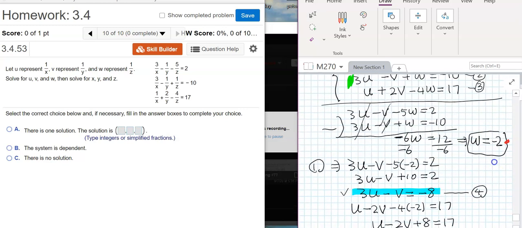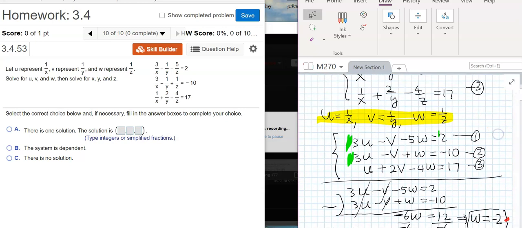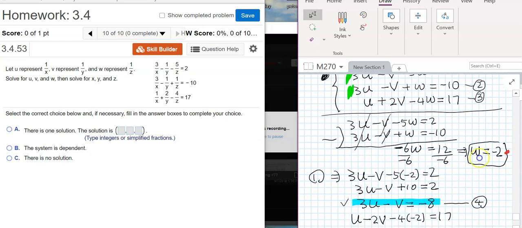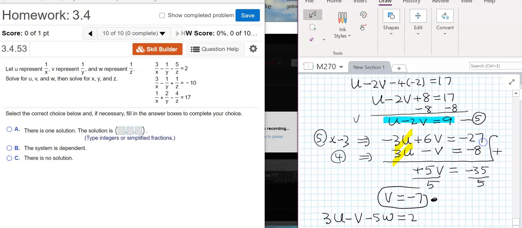I'll go to the first one: 3u minus v minus 5w equals 2. But I know that v equals negative 7 and w equals negative 2.